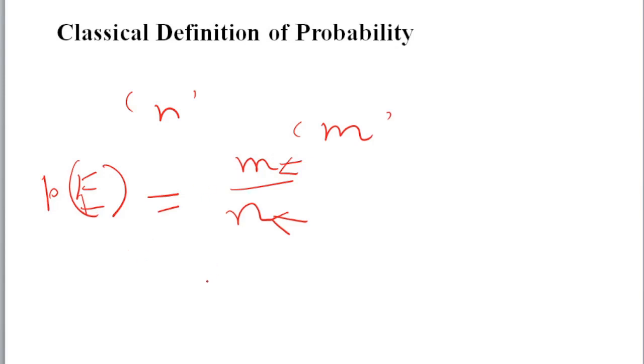So obviously, if there are m favorable cases out of n, then n minus m will be the non-favorable cases, correct?